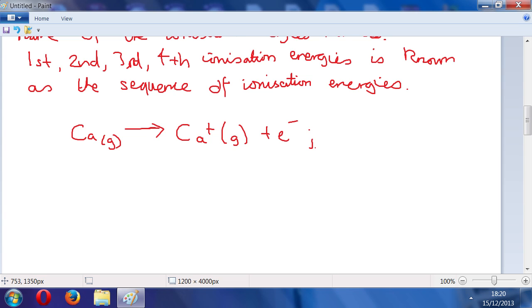What we need to do is, there's actually a table for this, and I'm going to do this table in the next episode. But for now, I'm just going to write the same notation that I used above, and we're going to put a positive sign here, and we're going to put 590 kilojoules per mole, with the mole to the -1 as the notation.